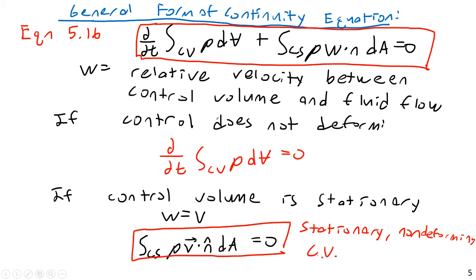All right, so now let's see how we might actually use this equation. So let us consider the previous case.